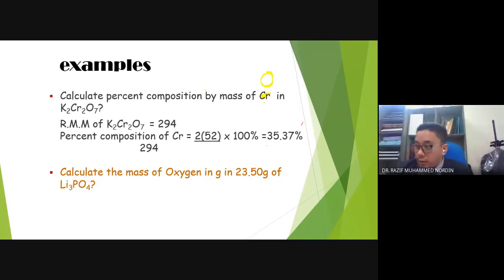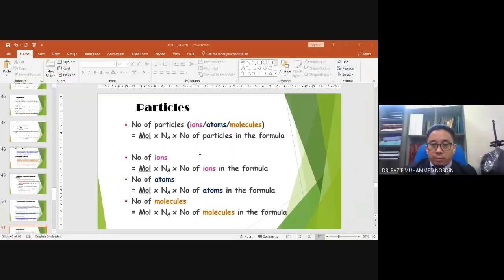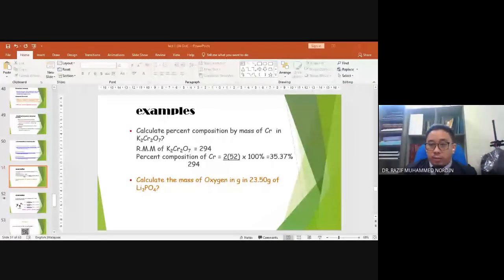Cuba tekan kalkulator, saya pun tekanlah juga kalkulator. Berapa dapat? Saya nak tengok dia punya QR. Mungkin dah ada yang jawab.